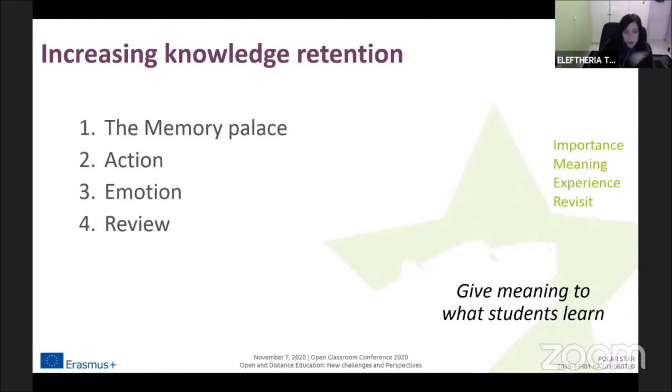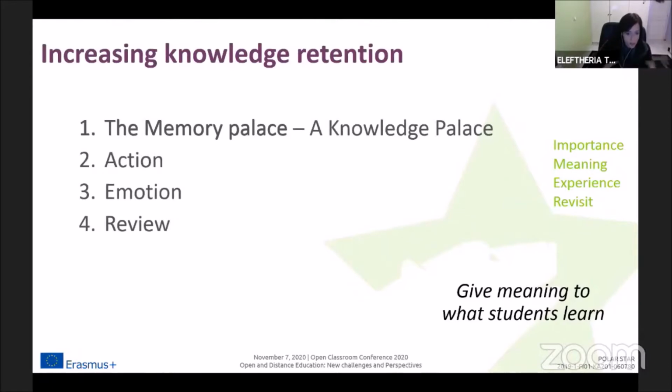So how do we use this trick in a meaningful way in our class to give some meaning to what students learn? Well, we can turn the memory palace into a knowledge palace. Just like I used Polar's body or my house as my memory palace, here, when we go into the class, we need to find a memory palace that is related to knowledge.